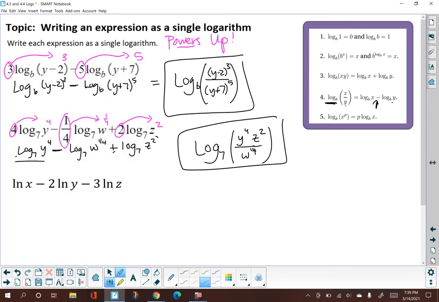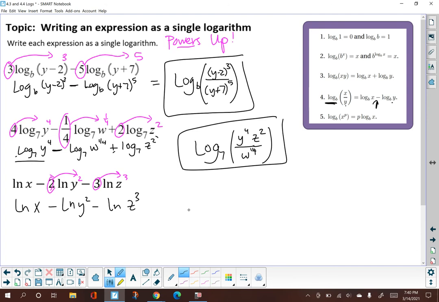First thing is powers up. So that 2 is going to become a power squared. The 3 is going to be a third power. So we have the natural log of x minus the natural log of y squared minus the natural log of z to the third.